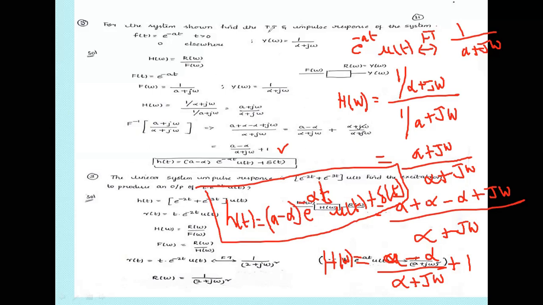Okay, my dear students. Next, another example. The linear system impulse response is e power minus 2t plus e power minus 3t into mu of t. Find the excitation to produce an output t into e power minus 2t mu of t. Means given that to produce an output signal t into e power minus 2t mu of t, find the excitation, nothing but the input function.